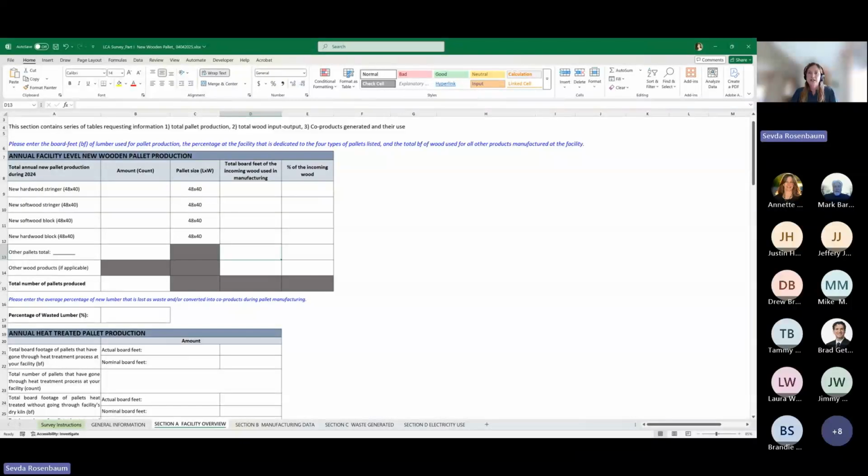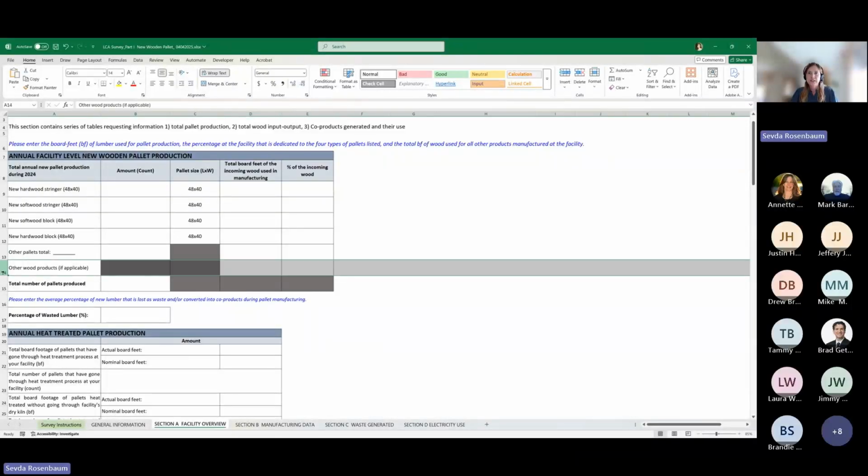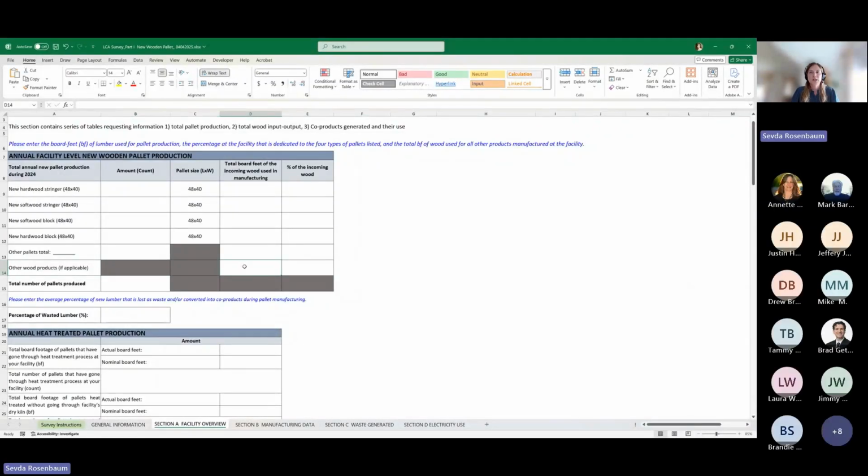And it's also asking on row 14 if any other wood products are produced in your facility that use the incoming wood. We would like to have that data to be able to allocate the utilities between the pallet manufacturing and other types of products manufactured at the facility.